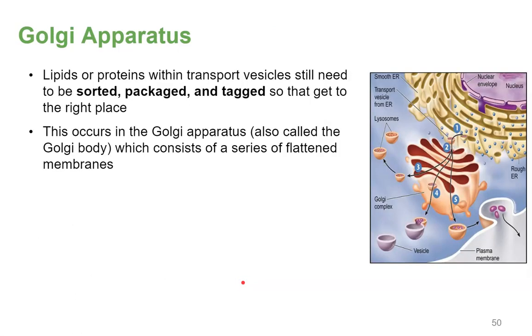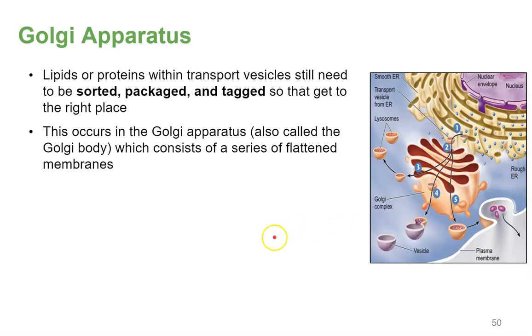Okay, so next is the Golgi apparatus. After the RER or the SER creates lipid or protein, it's going to be sent off to the Golgi apparatus. The Golgi, I like to call it a stack of pancakes because that's kind of what it looks like. And it has these empty spaces as well.